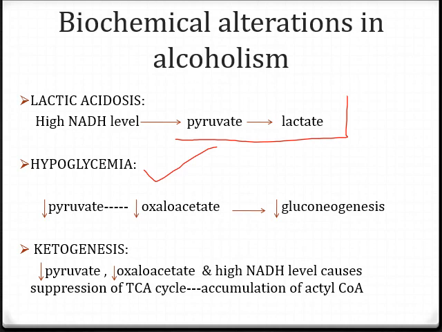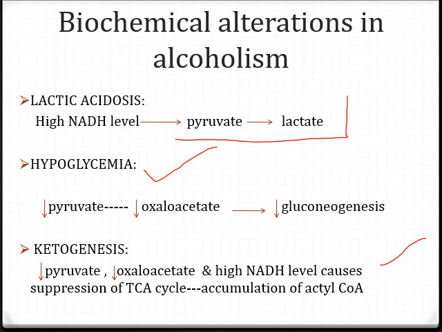Next, ketogenesis. Here, the high NADH to NAD ratio causes decreased pyruvic acid, because pyruvic acid is always being reduced to lactic acid, and decreased oxaloacetate also. So this high NADH level causes suppression of the TCA cycle. What will happen?